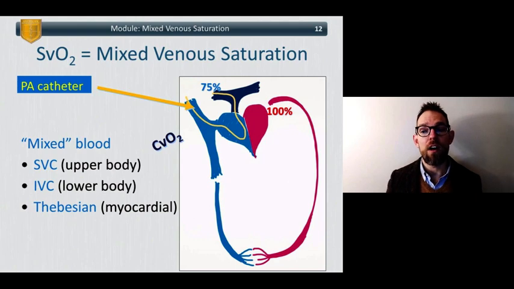So that's what we see on the left side of the heart. On the right side of the heart, the SVO2 is pretty much assessing CVO2, which is a measure of the mixed blood. So the SVC from the upper body, the IVC from the lower body, and then the very minimal marginal input by the Thebesian veins from the heart.